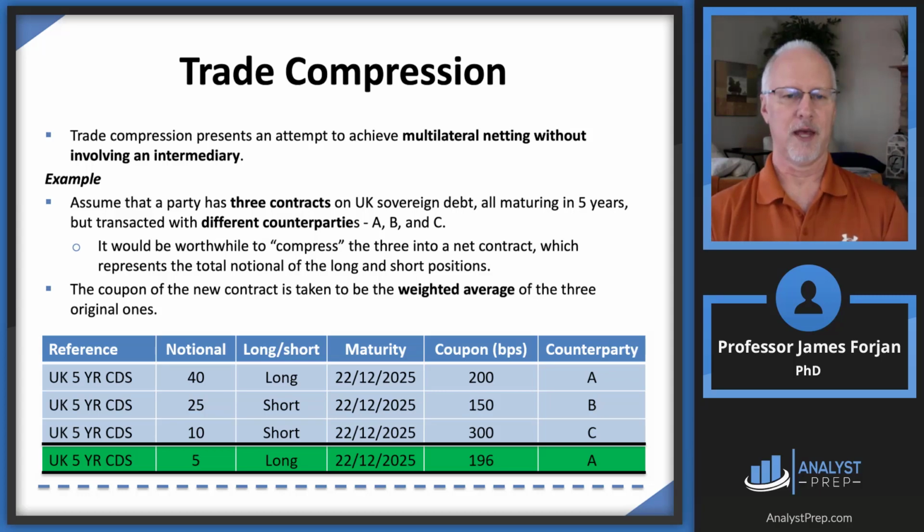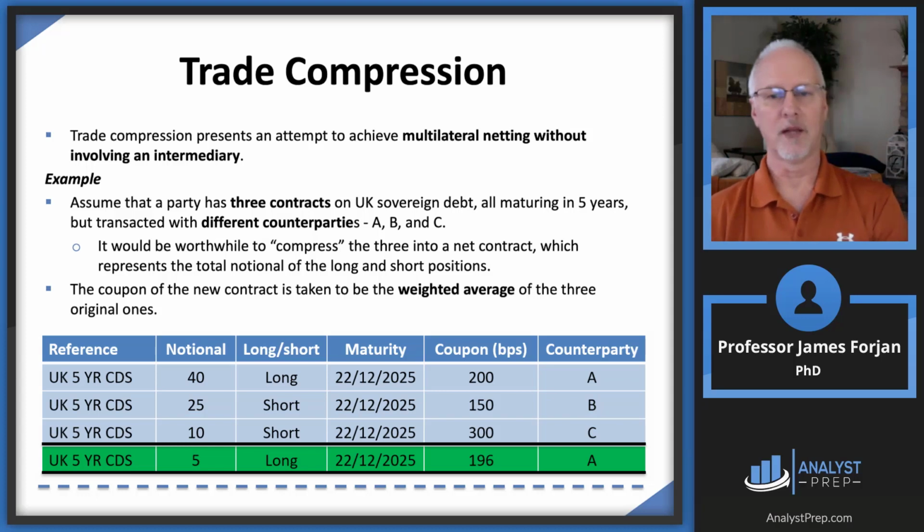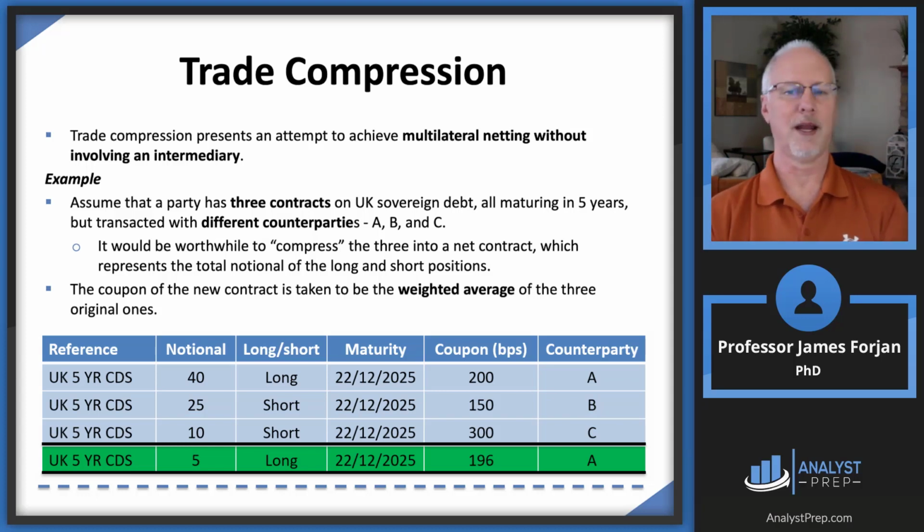And so if you have the 40 as the long and the 25 and the 10 as the short, that sums to 35. So you have 40 long and 35 short. So that's a net 5 long, right? Still have the same maturity date. And then to get the coupon, just do a quick weighted average, right? 40 plus 25 plus 10 is 75.